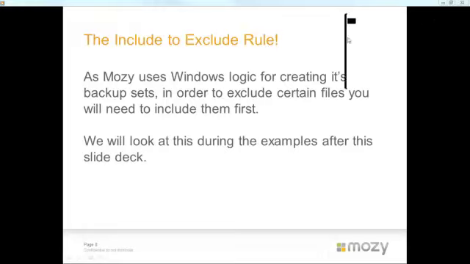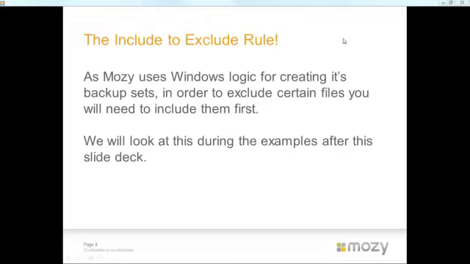So what I mean there is that although logically the way we would think is that you would select exclude these files and it would exclude those files for you, because you're using computer logic here as Windows does, you have to actually create a backup set whereby you're including the files and then you exclude them.